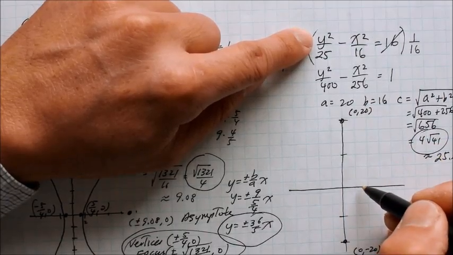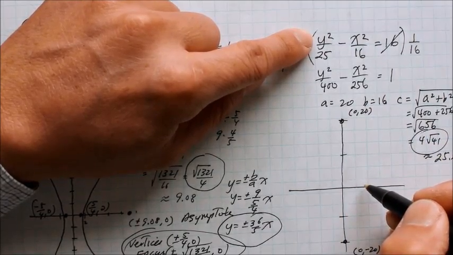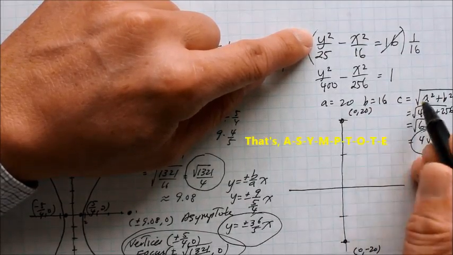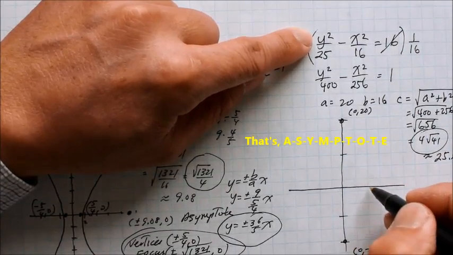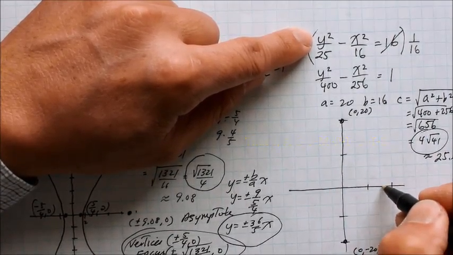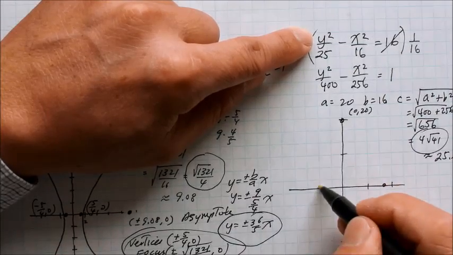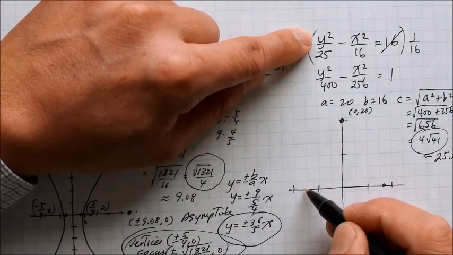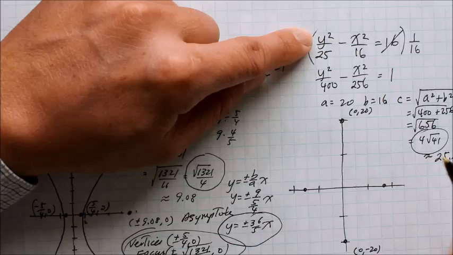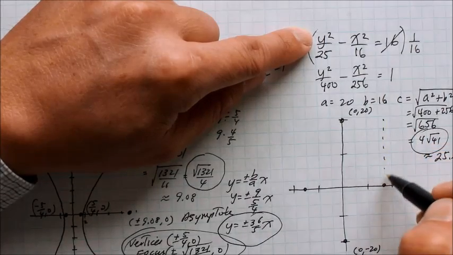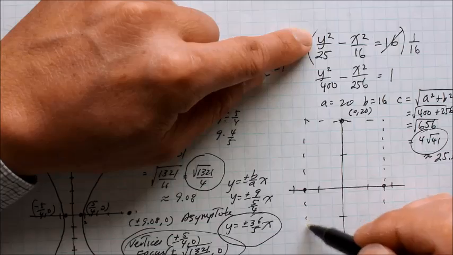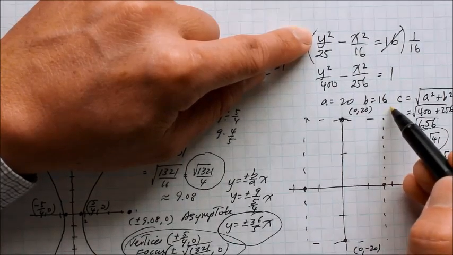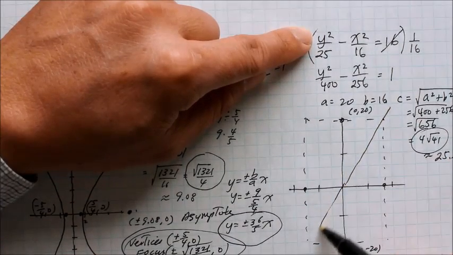What's my b value? That will help me to determine the asymptote. Okay, so here's 10, 20, so 16 must be somewhere over here. 10, 20, so 16 must be over here somewhere. And draw my little imaginary box around it so that I am able to get an idea what my asymptotal line is supposed to look like.